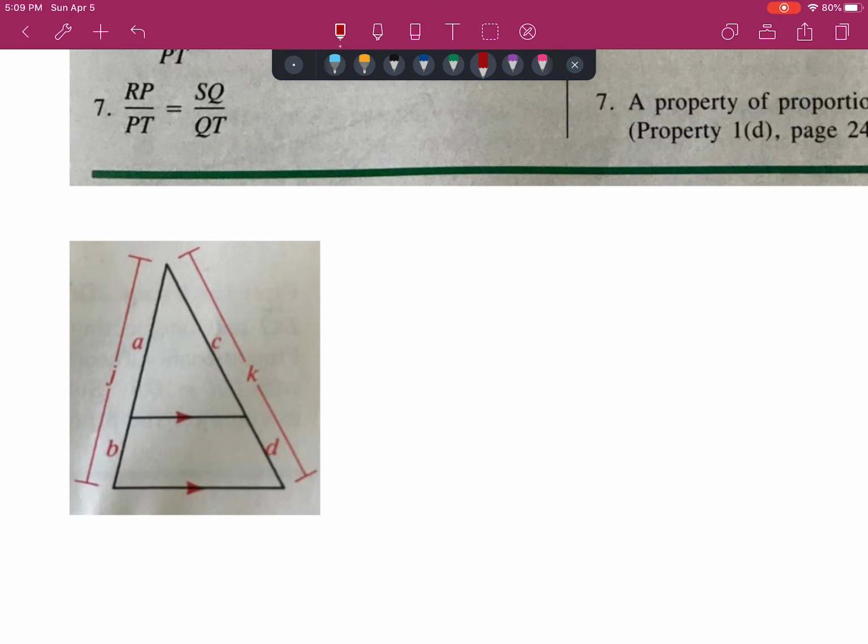Okay, so if we just look at the triangle proportionality theorem, we get one proportion here that I want to write down. A over B is equal to C over D. And that's because of the parallel sides.